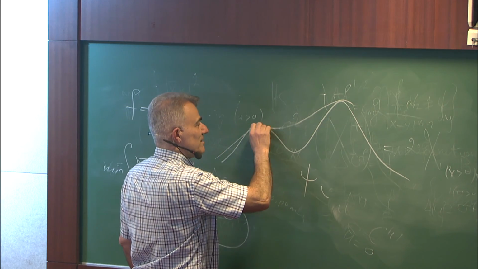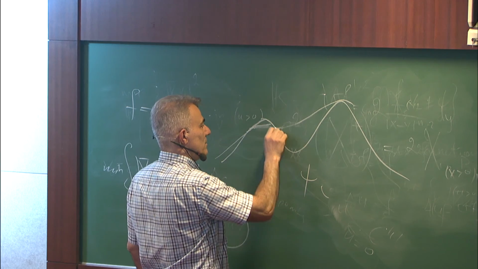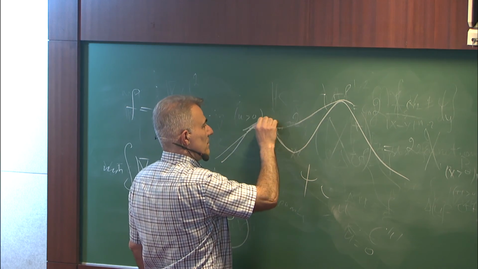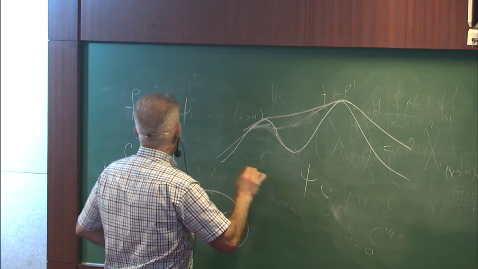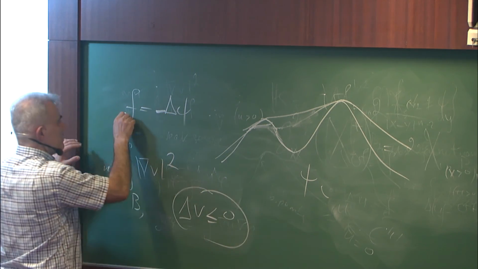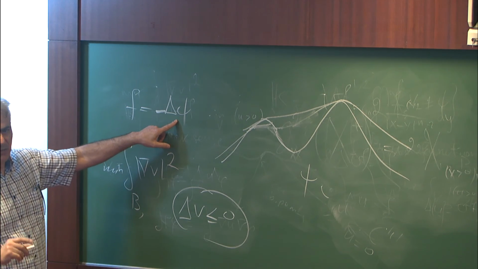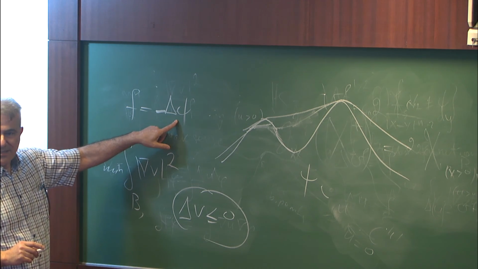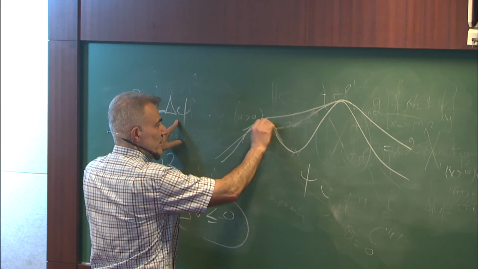Oh, this is not good. Let me make a picture. You see, minus Laplacian of psi, I'm assuming that this is positive. It means that the second derivative of psi, in one dimension, is negative. I'm looking at these points, basically.